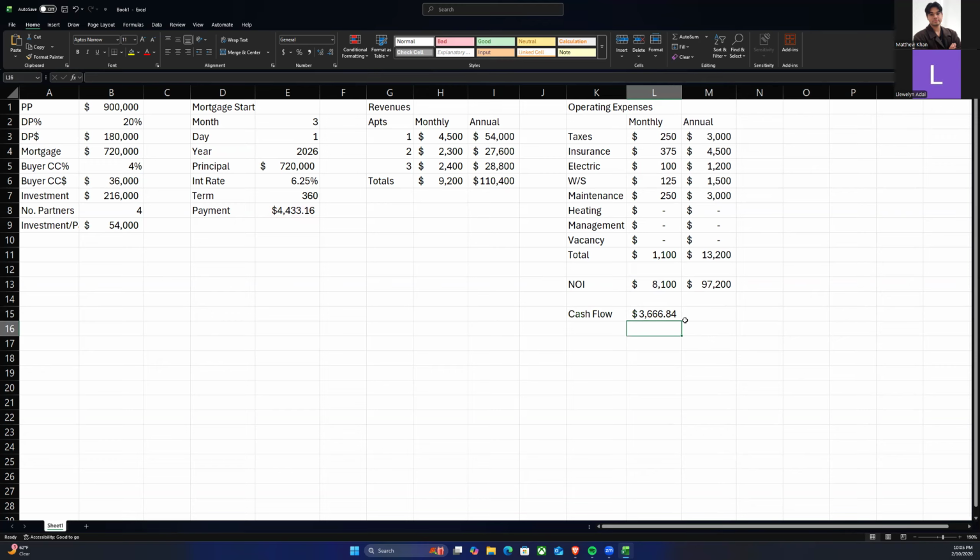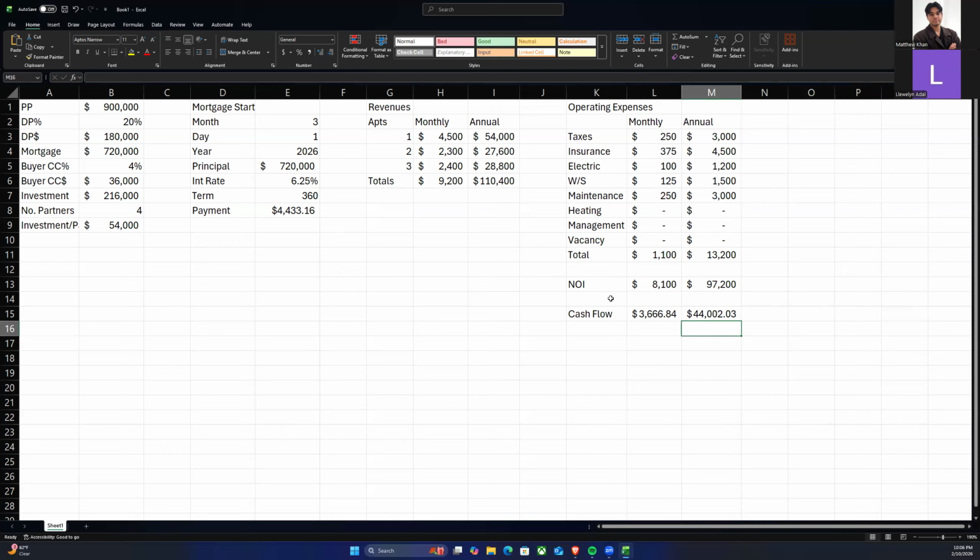So I still make a substantial amount, but it isn't what Bob thinks. You see what I mean? You always have to remember cash flow is the net operating income minus any debt service. That makes sense now? That makes sense.